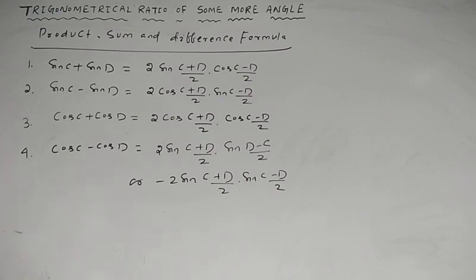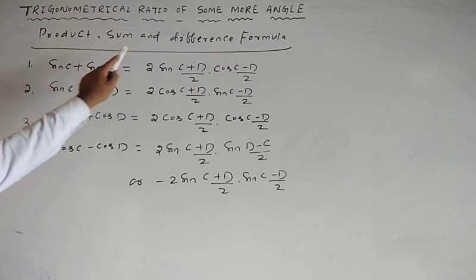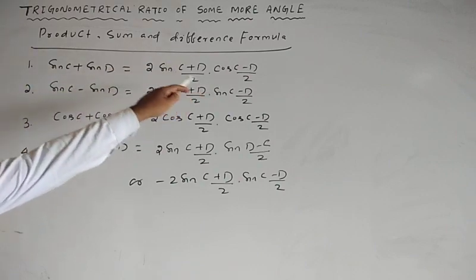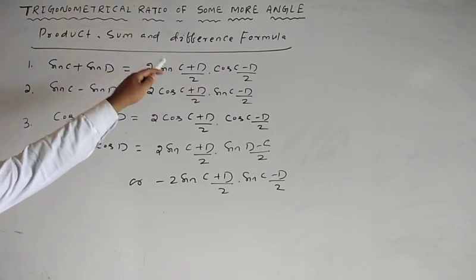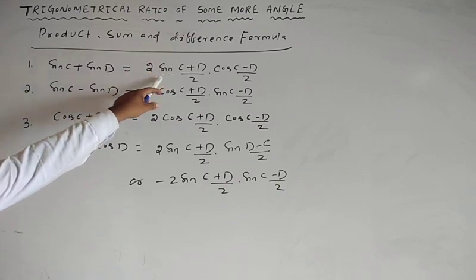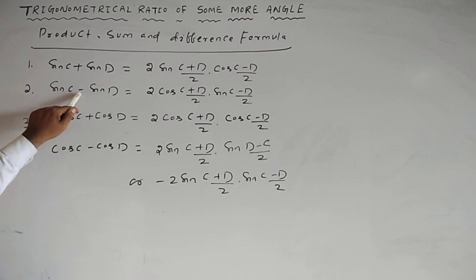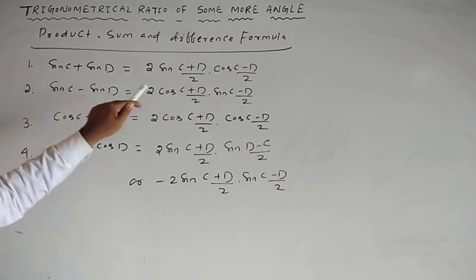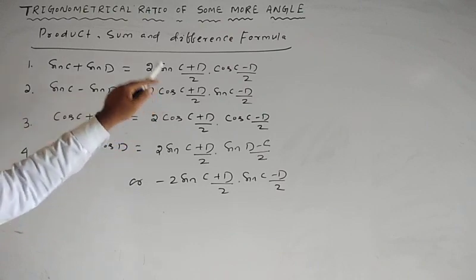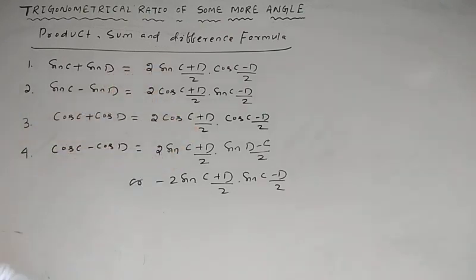So how to remember easily? Sin C plus sin D means one is sin and the other is cos. The first one is sin and the second one is cos. So 2 sin (C plus D)/2 into cos (C minus D)/2. If minus is there, sin C minus sin D, first you have to write cos. That is 2 cos (C plus D)/2 and sin (C minus D)/2.